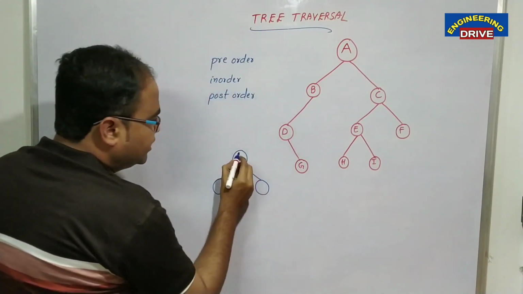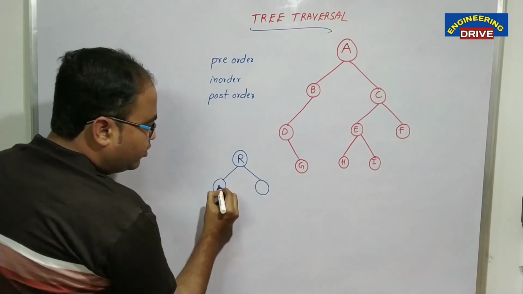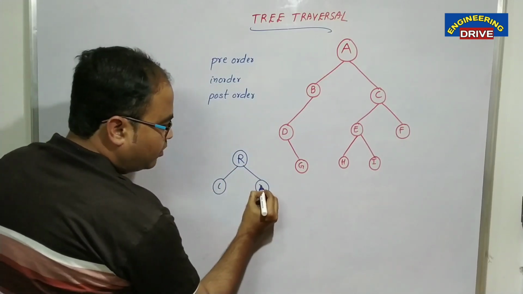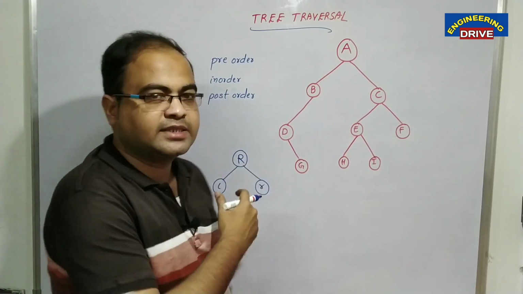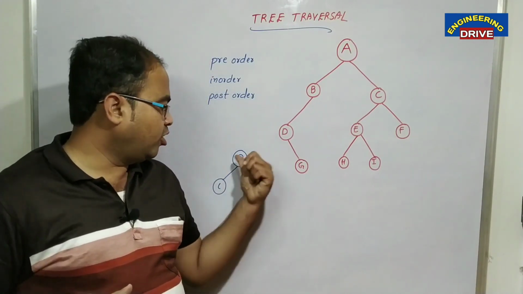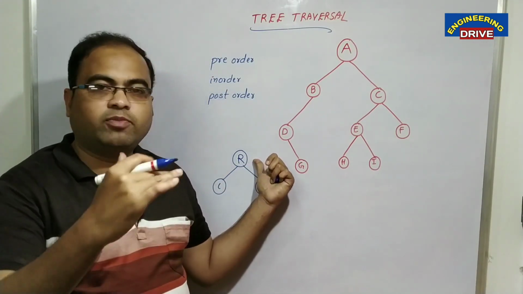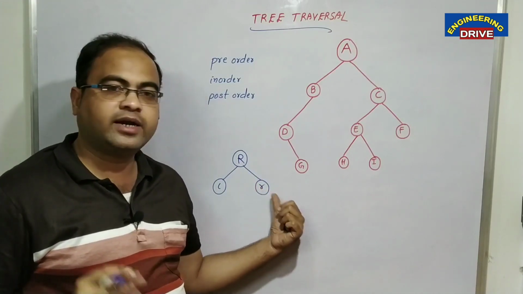Let us take a sample binary tree of 3 nodes. Top one is the root node, with a left child node, small l, and a right child node, small r.